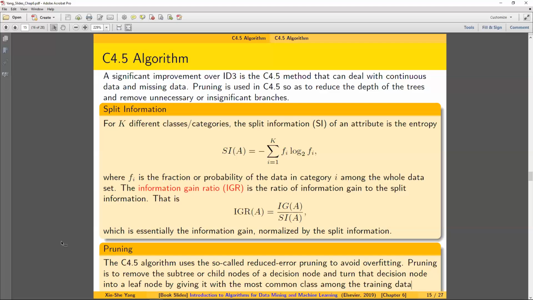We cannot just continue to use all different variables to continue to split the tree. So at a certain point you would stop, remove the subtree or child nodes of the decision node and turn the decision node into a leaf node. A leaf node is essentially the bottom of the tree, where you just stop, giving it the most common class among the training data. That is pruning.